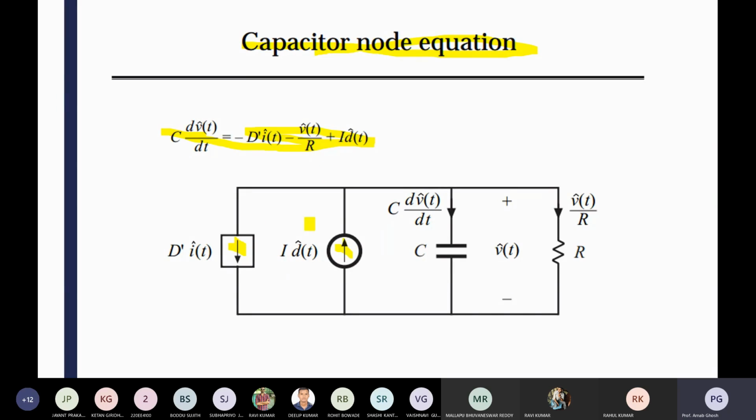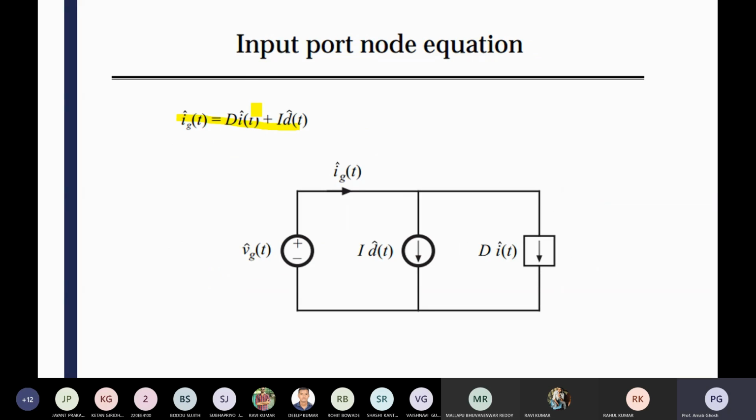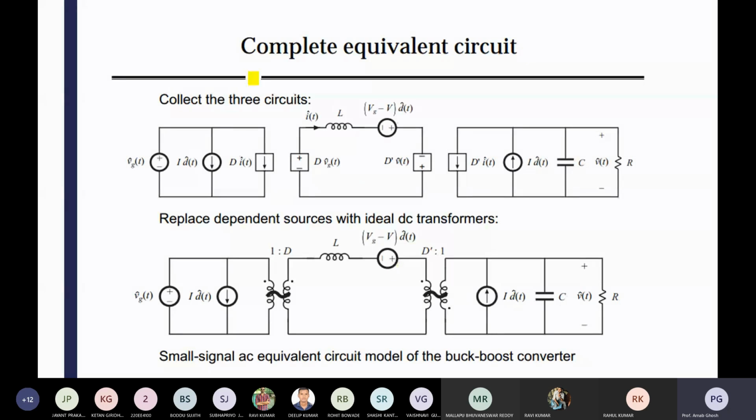Finally we get the input current equations, and we can put together the complete equivalent circuit from the individual three circuits: the capacitor current, the inductor voltage, and the input current.